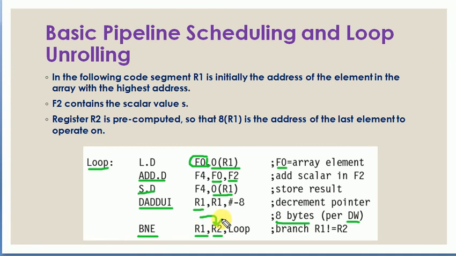R2 is a pre-computed value, 8 of R1, that is compared with the last value, 0. R2 is the last value, R1 is the 1000 value, and they will be compared. If they are not equal, the loop will continue. This is how these instructions are executed.